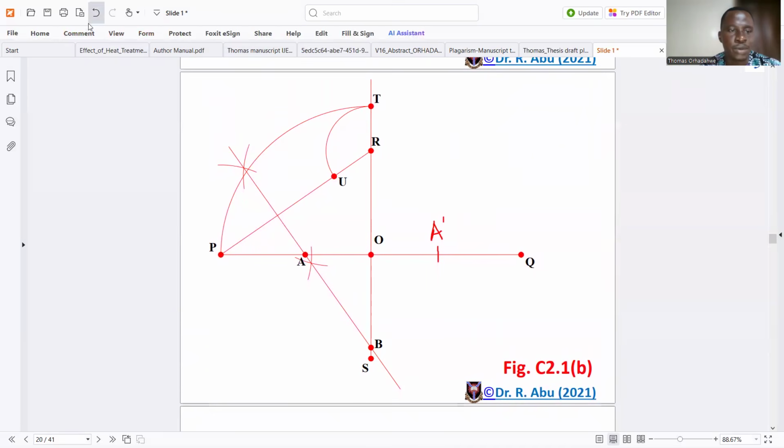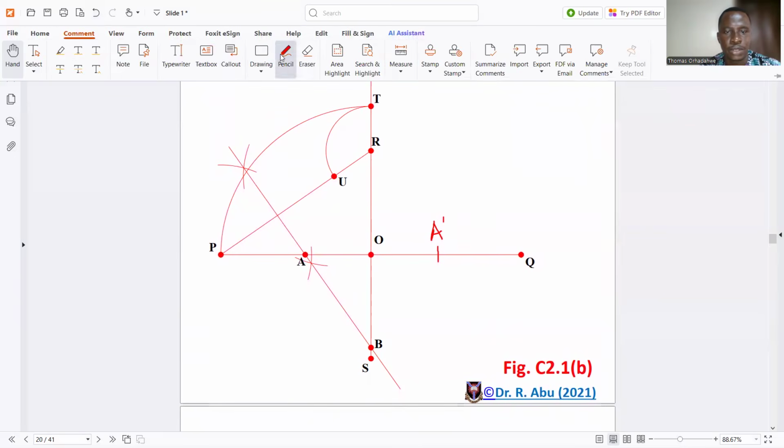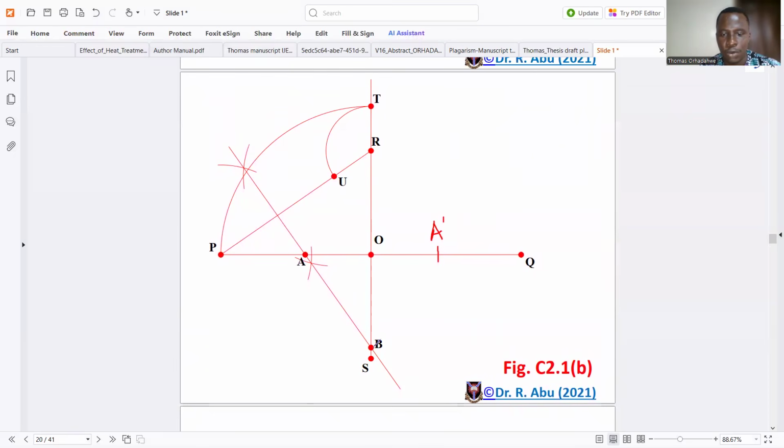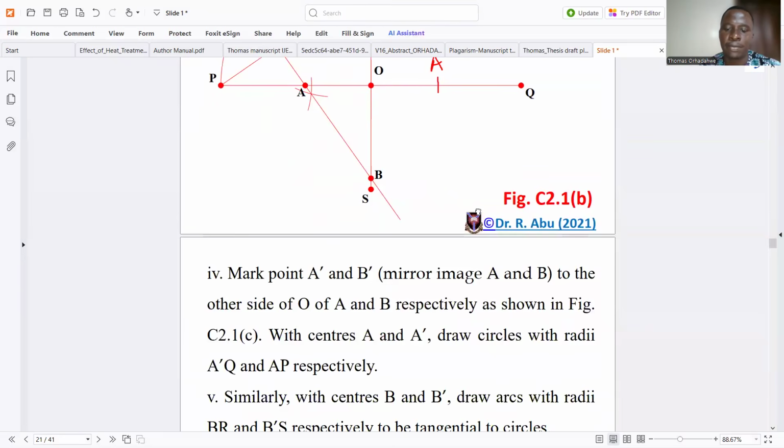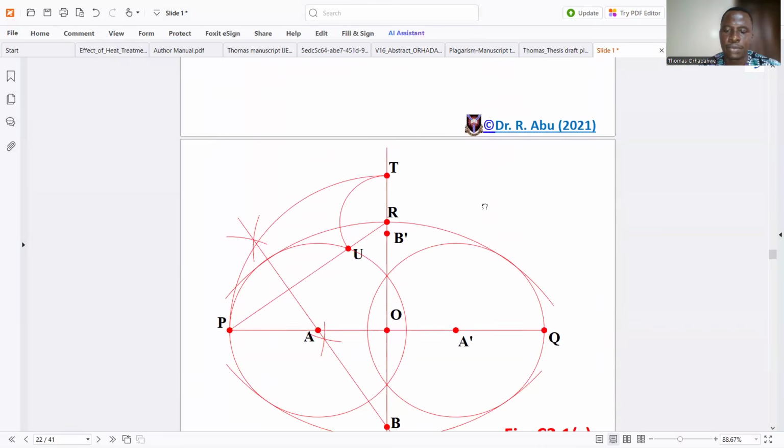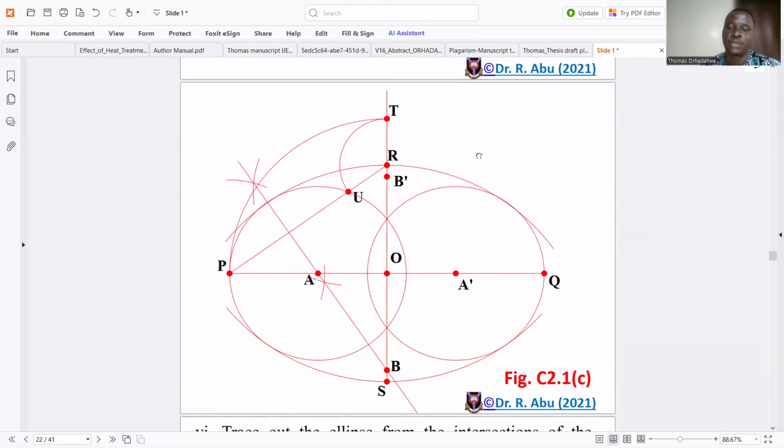Take the distance also, open your compass to BS, and from R, you cut. So this becomes B prime. That's exactly what you have here.